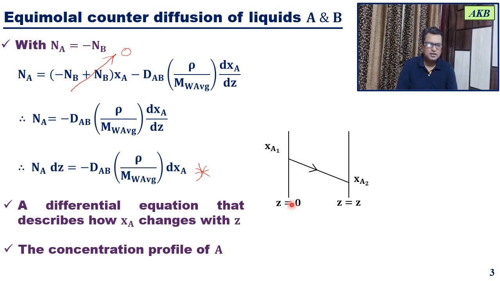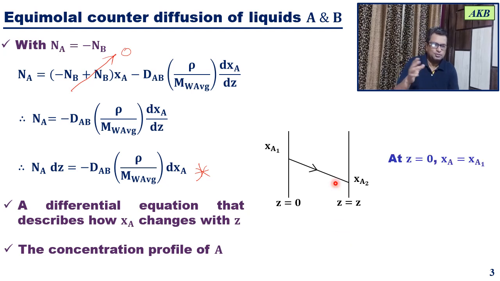As you move from Z is equal to 0 to Z is equal to Z, concentration drops along a straight line. I hope this is clear to you.